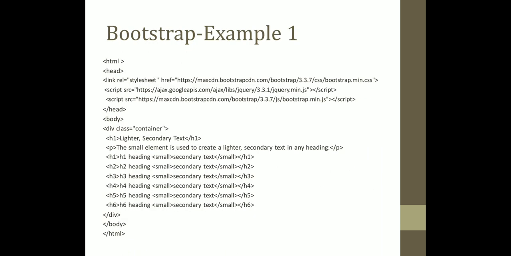So we'll see in the example how it is used. We have started the HTML script, and in the head section we have provided a link relation with the stylesheet, and the link is given with href for bootstrapcdn.com and other things.